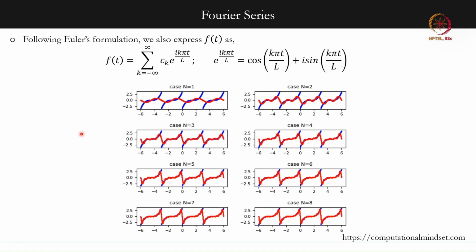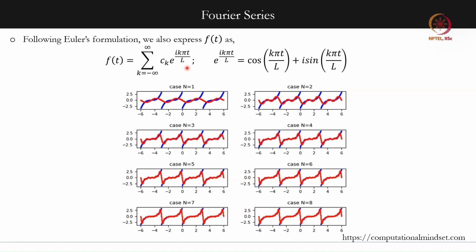So in the previous slide we expressed this function f of t as a linear combination of sine and cosine waves. But we can always find other sets of basis functions inside our domain. And one such commonly used representation is by using complex exponential terms.